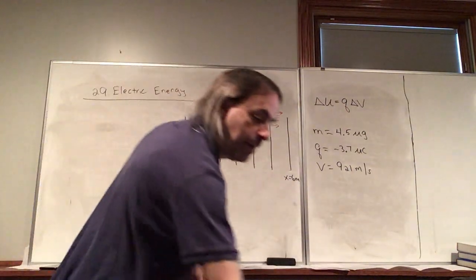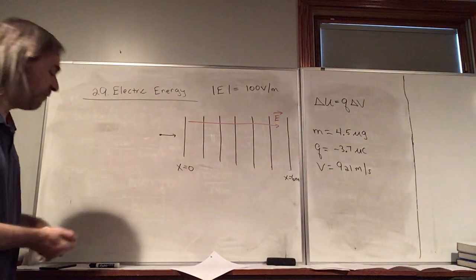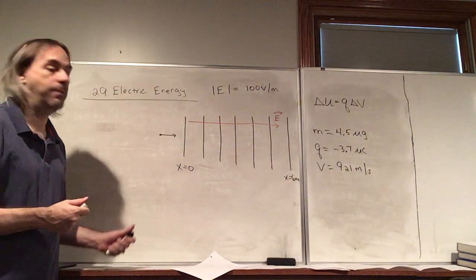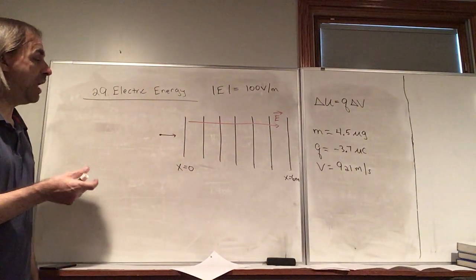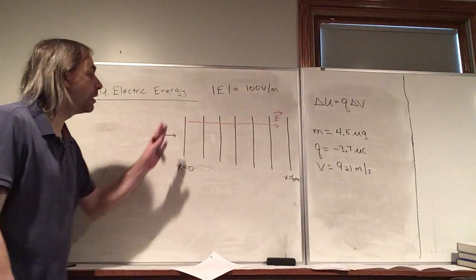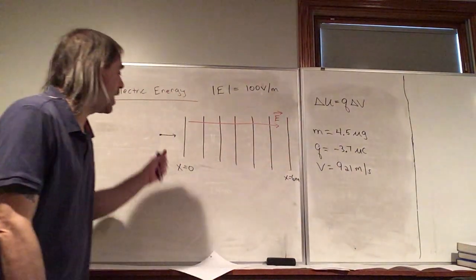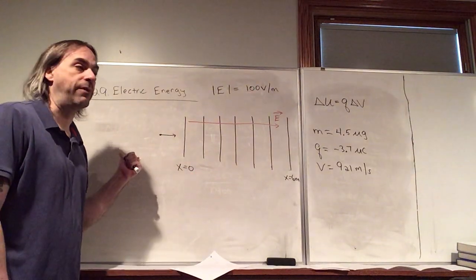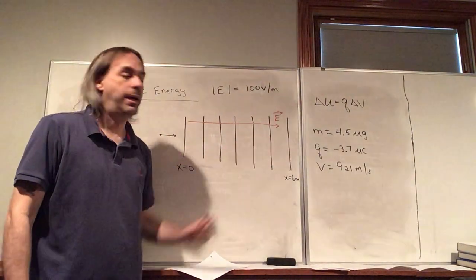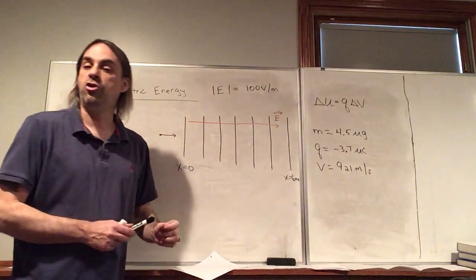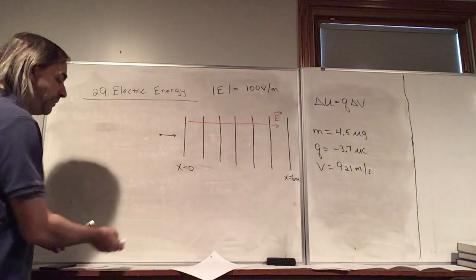Remember, if it's a negative charge, the force is in the opposite direction of the electric field. So if the electric field is to the right, once this negative charge enters that region, the force will be to the left. So it's going to slow down, and it's eventually going to stop. I want to know, how far is it going to go before it stops?